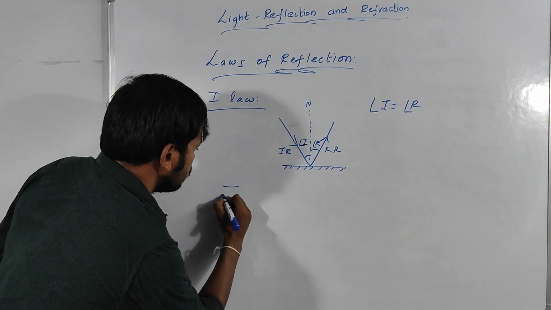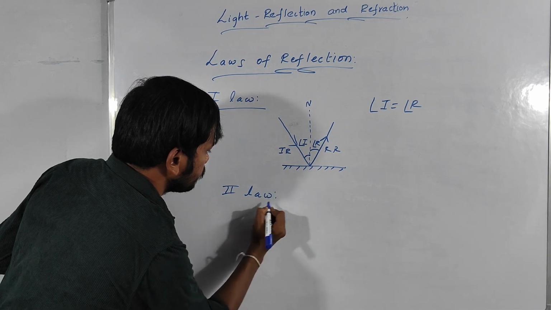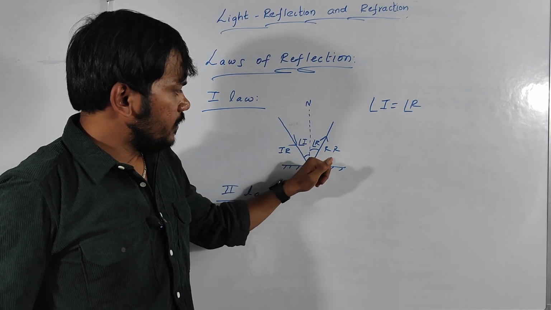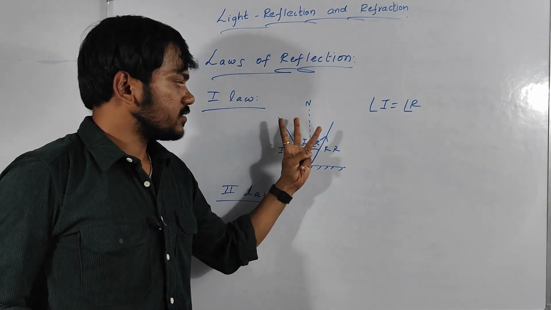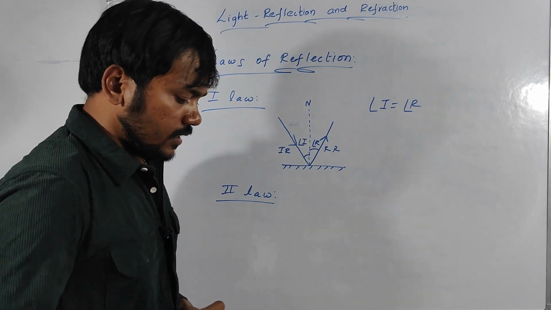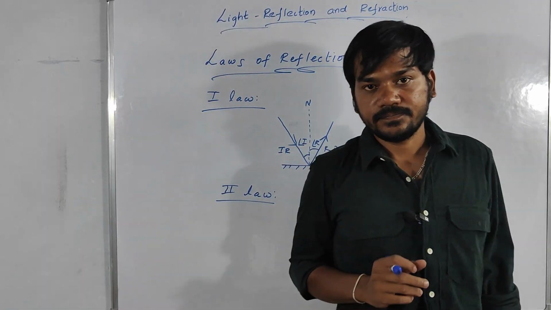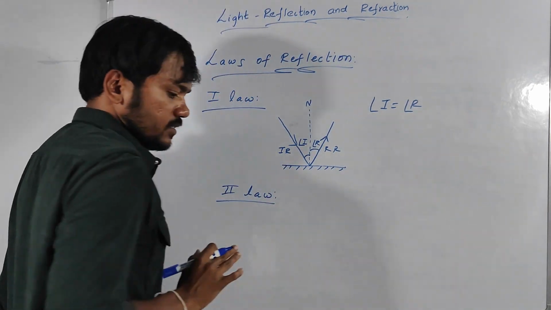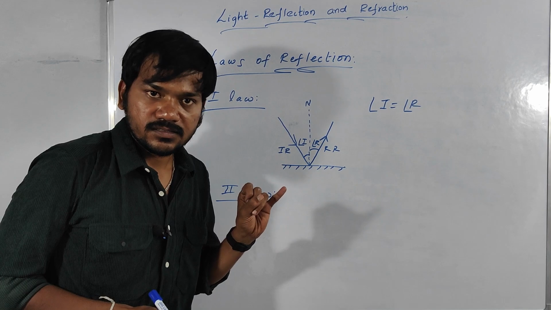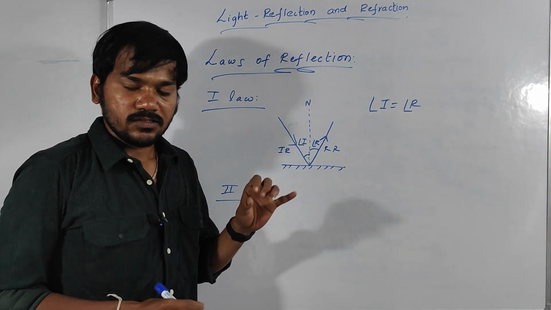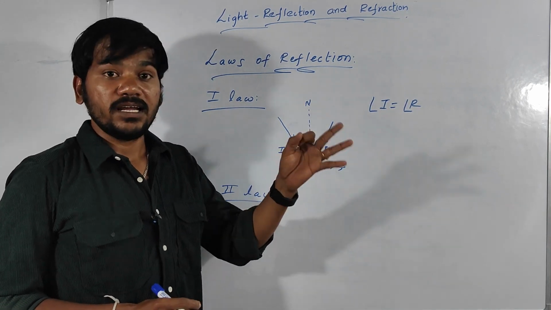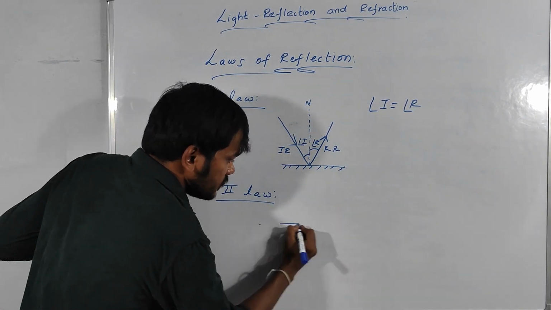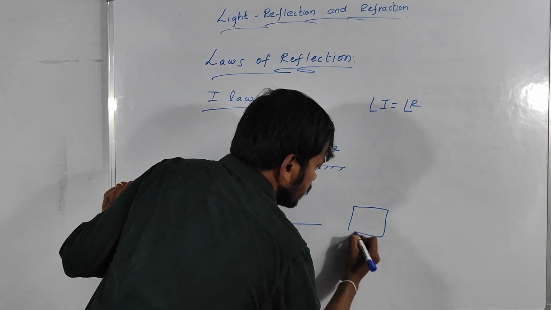What is the second law? Let us see. The second law says the incident ray, the reflected ray and the normal, all three, lie on the same plane. What is this plane, sir? Actually, we have points, straight lines, planes and solids, right? This is a point, this is a straight line, and this comes under a plane.